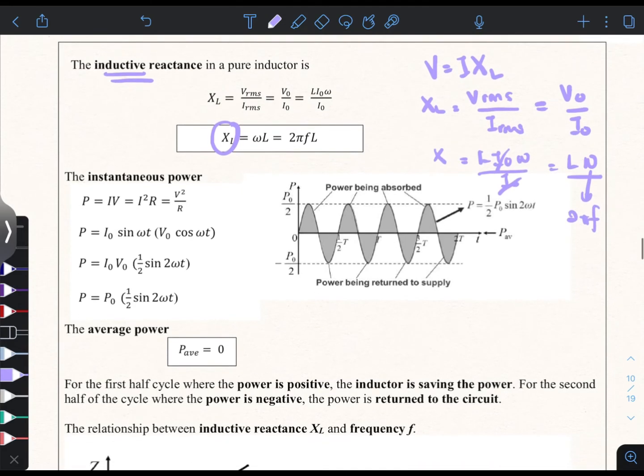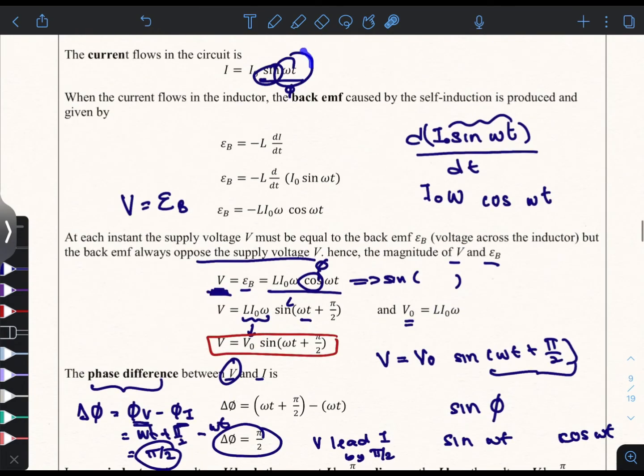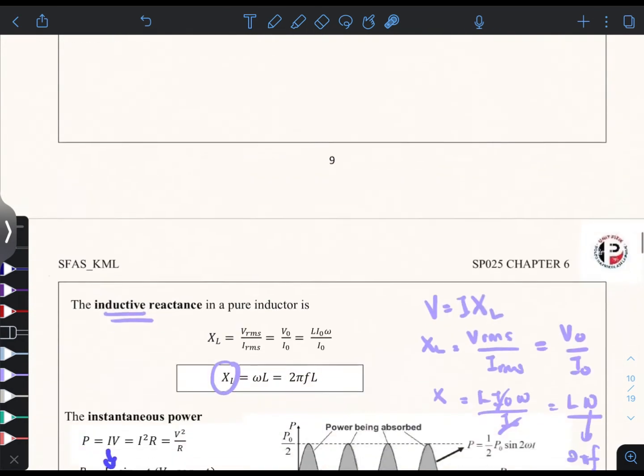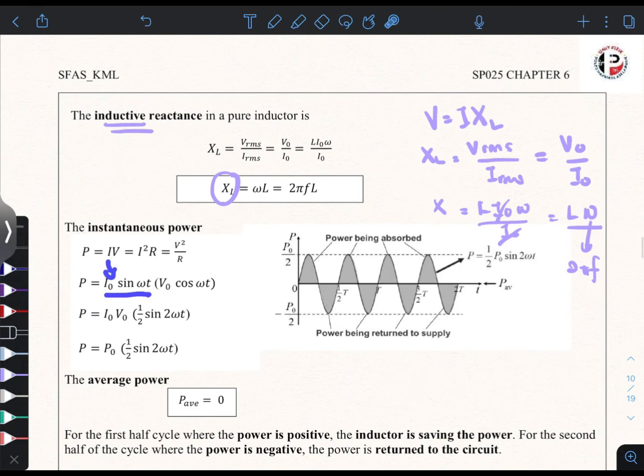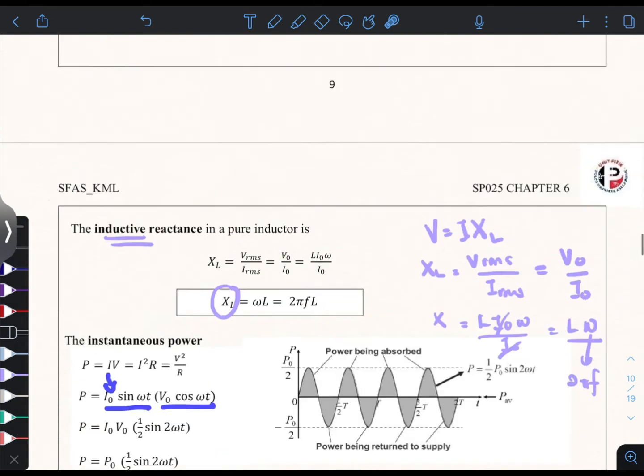Okay, for instantaneous power pula, we are going to start with P is equals to IV. Alright, so I square darab dengan R, and then we get V square over R. So kita ada 3 equation lah, kita derive daripada equation of power itu. Okay, so let's say we want to use this one, I V. I adalah, berdasarkan yang dekat atas ni, I0 sin omega T. So you take that, you write here I0 sin omega T. V pula tadi adalah V0 cos omega T. Yang ini.